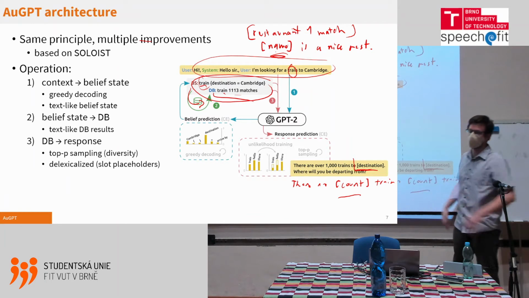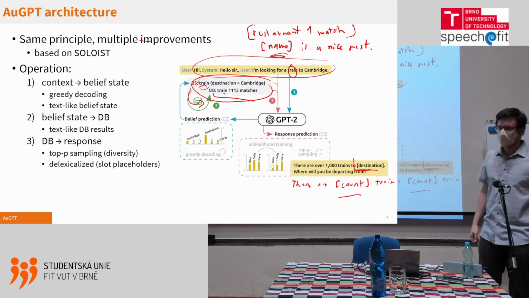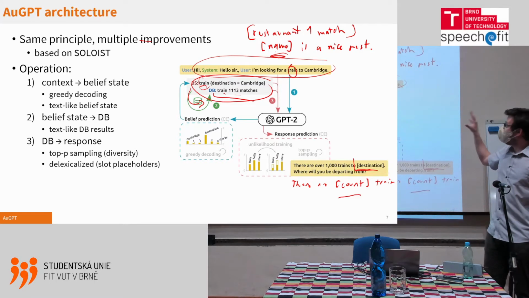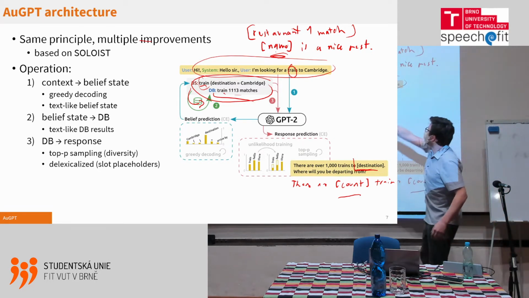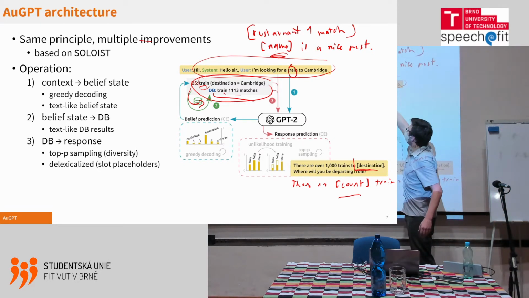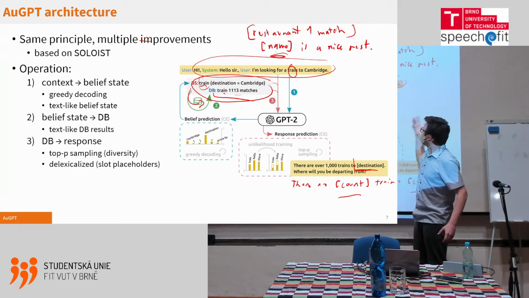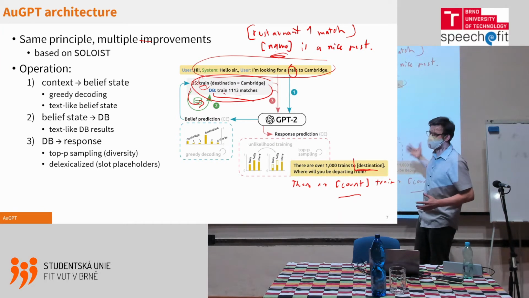This is only for the operation. In our training data, we have those placeholders, but we only have them on the output. For the input, there is no change. There's still Cambridge. If the user is asking for a cheap Chinese restaurant in the city center, it's all in there in the exact words.